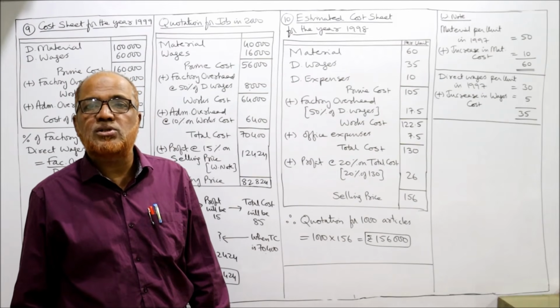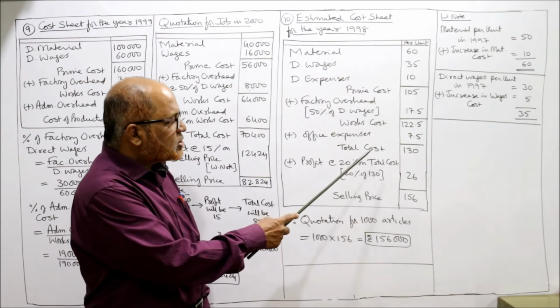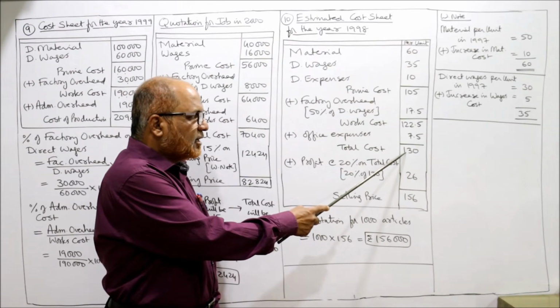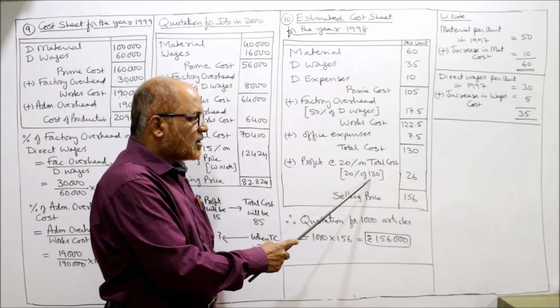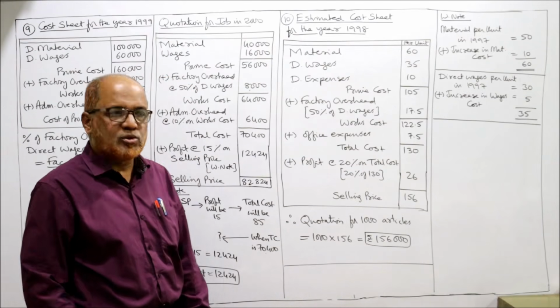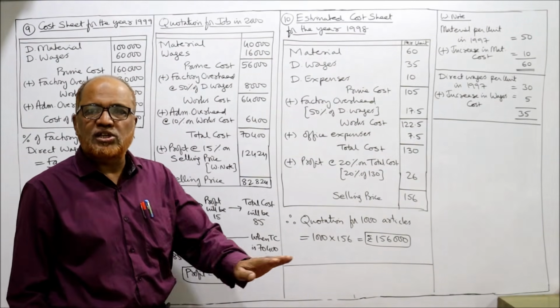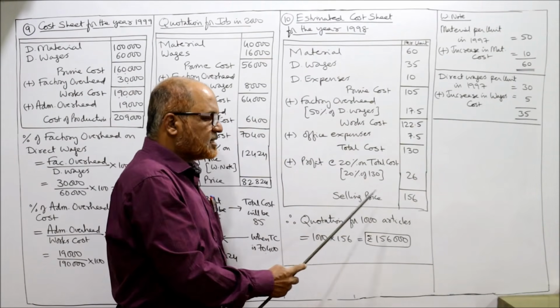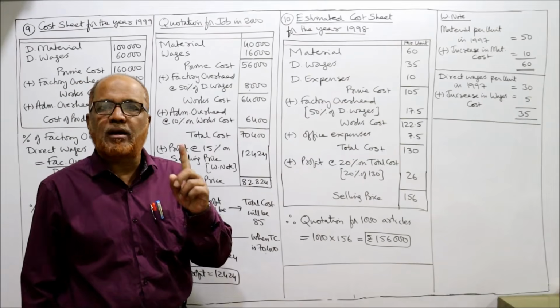It is given 20% on cost. So cost already we have here. Cost already we have. 130 rupees is the cost. So 20% of 130 rupees comes to 26 rupees. No need to suppose. वर्किंग नोट की जरूरत ही नहीं है. तो 130 plus 26, 156 is the selling price per unit.